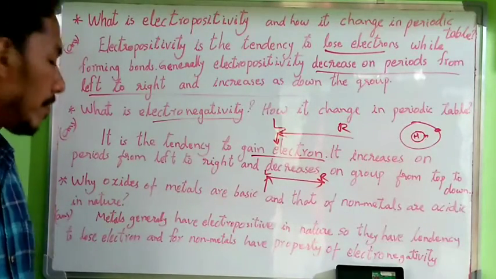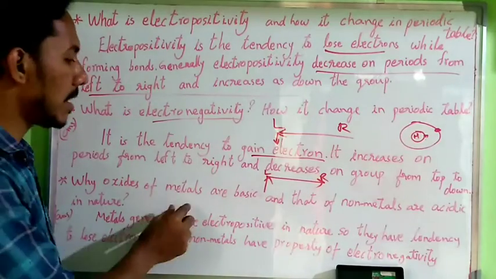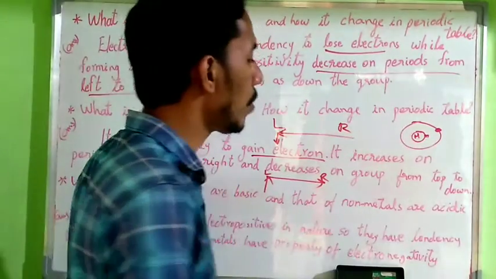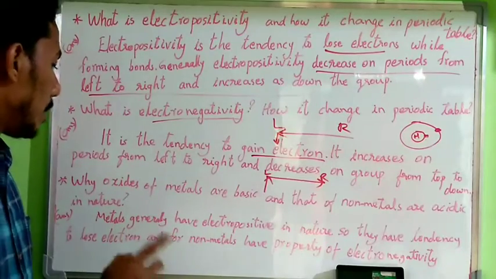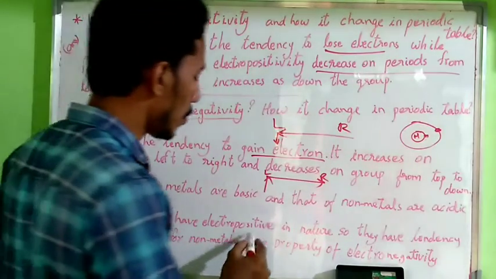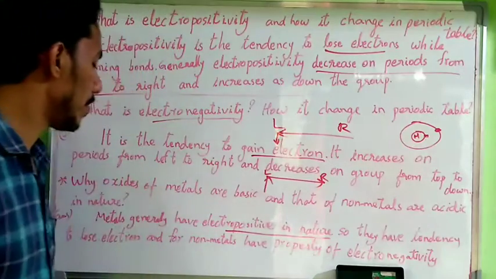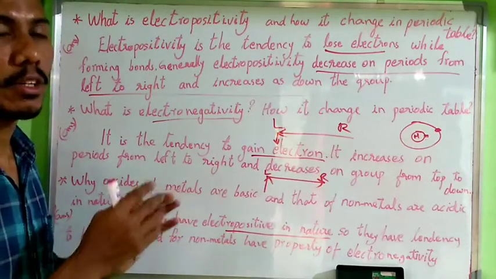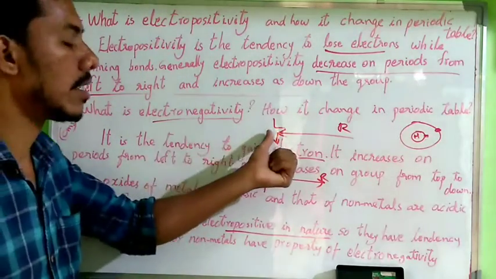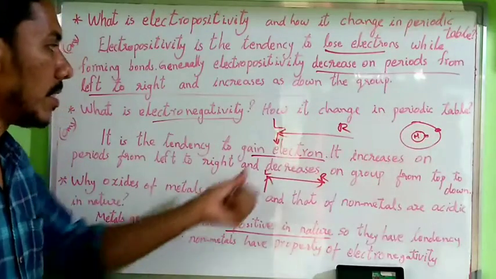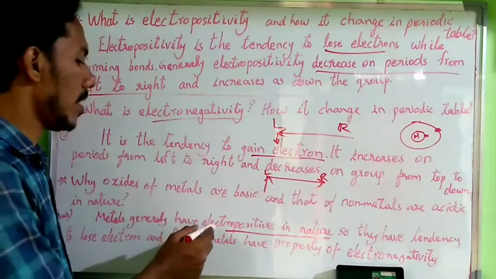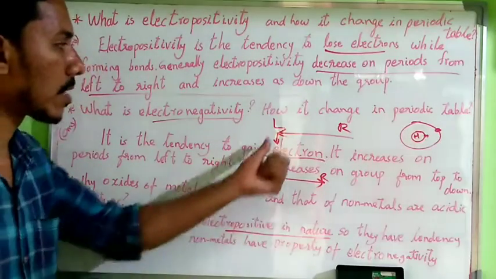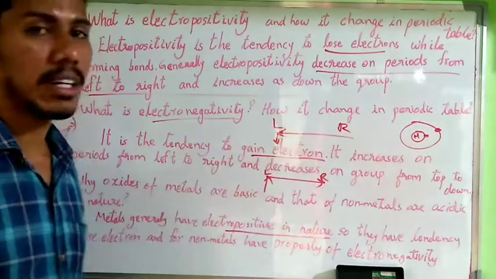Then another question: why are oxides of metals basic and those of non-metals acidic in nature? Metals are generally electropositive in nature because they exist on the left side, where electropositivity is high compared to the right side.